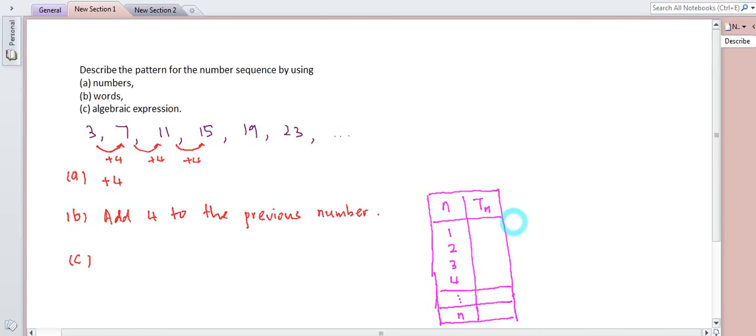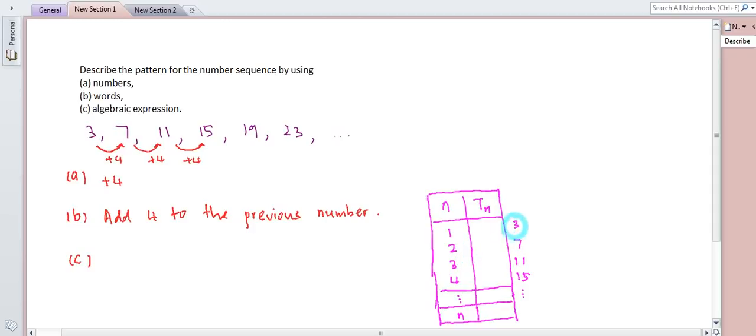The first term we know that this is actually 3, right? So here is 3, second term is 7, 11, and 15. From here we need to take a guess. Actually, we have some formula to help us to get the patterns. But in this video, I will not use the formula.